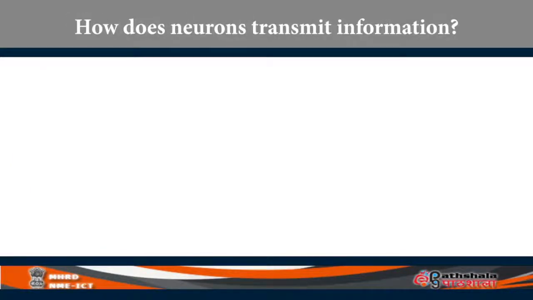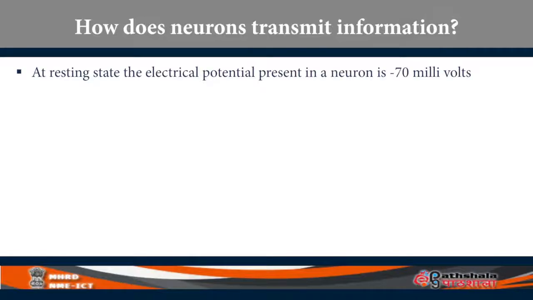So, how exactly do neurons transmit information? When you are just lying down, there is no activity, you are closing your eyes, you are at resting state, the electrical activity within a neuron is about minus 70 millivolts.